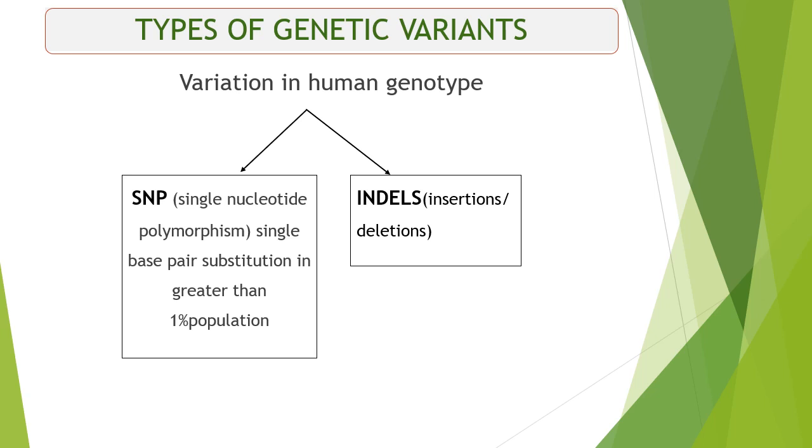Thus, SNPs are single base differences that exist between individuals. Indels, insertions or deletions, can be short repeats in the promoter or insertions or deletions that add or subtract amino acids in the coding region.